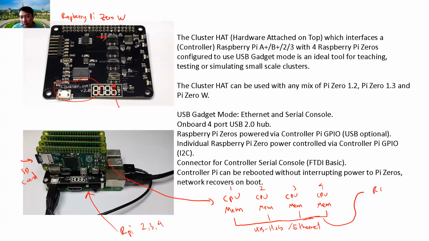Raspberry Pi 2 has its own CPU and memory, and it connects to this one using USB because this is the cluster head. You are connected to the pins on the Raspberry Pi 2 here at the bottom as the master. The power is taken from the master, and this powers up all the Raspberry Pi Zeros.